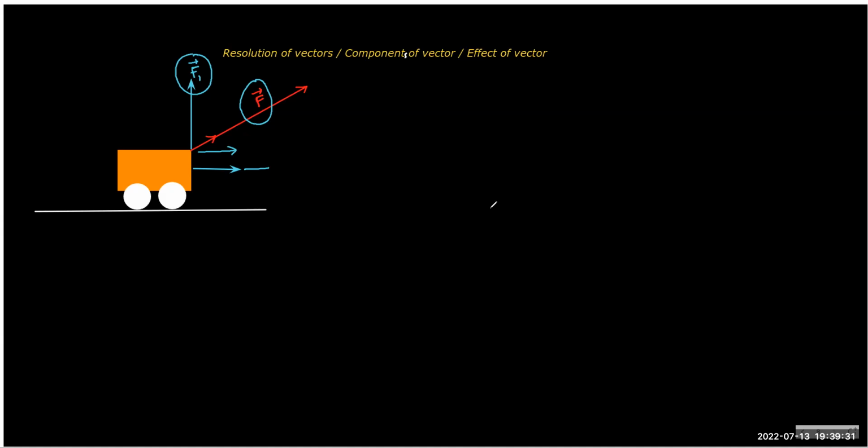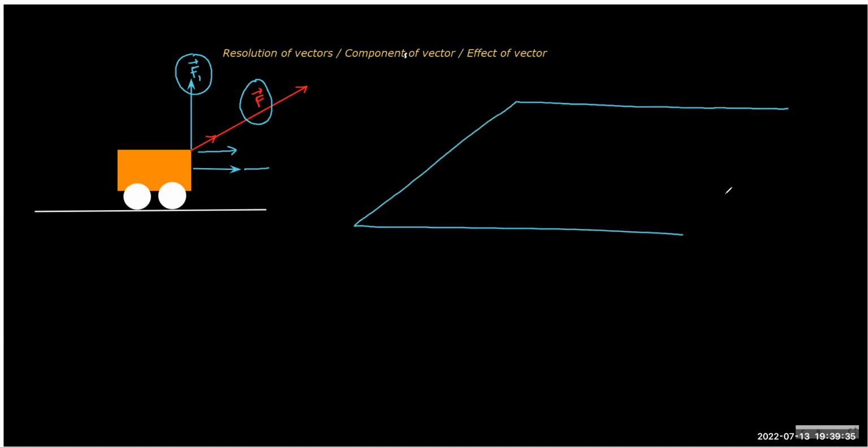So imagine a horizontal ground. That's better. And let's say you're playing carrom again. If you hit the coin like this, exactly at the center, it will go in this direction. But what if you hit like this?